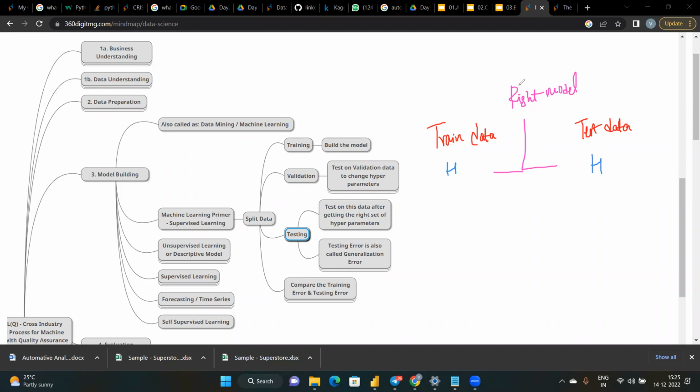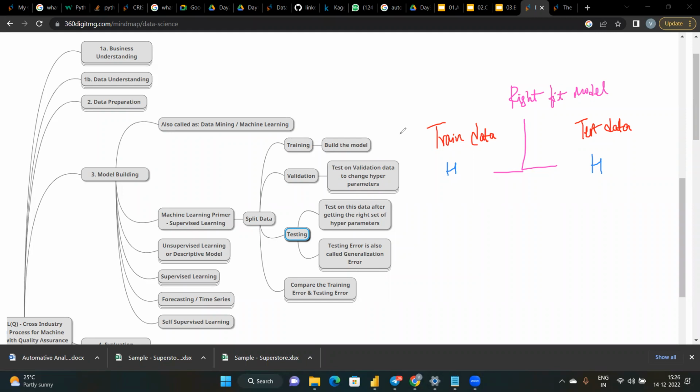Okay, right model, right fit. Let me write it: right fit only. A right fit model is when train data and test data both have good accuracy. If both are high, then it is called a right fit model.